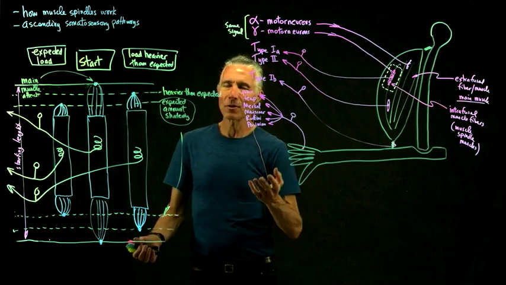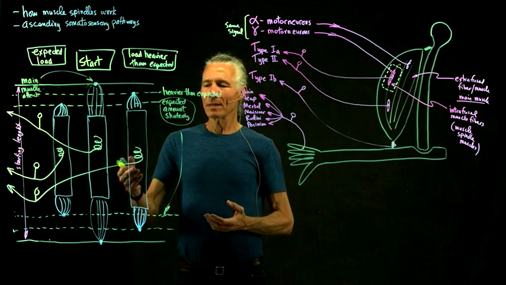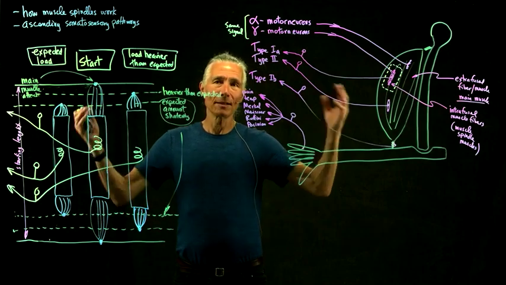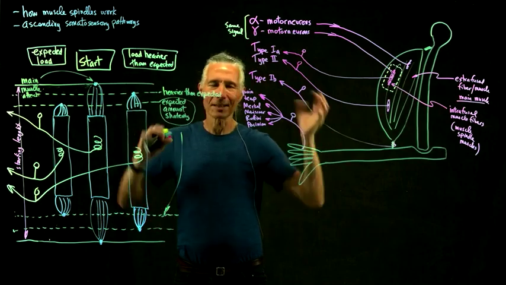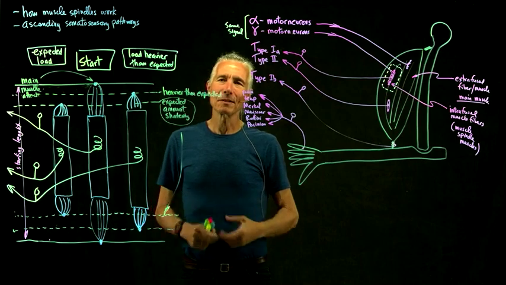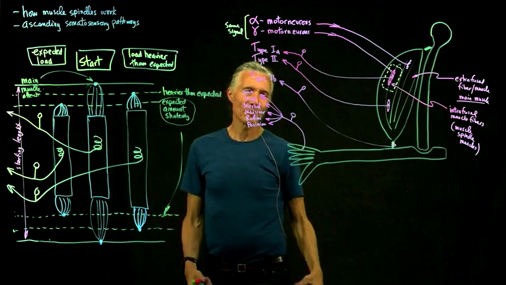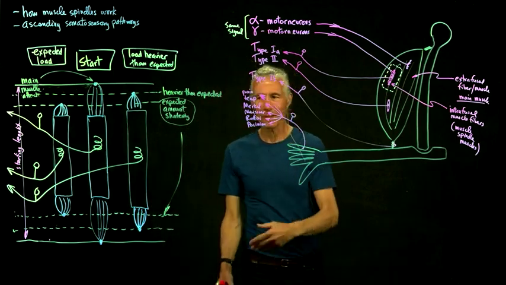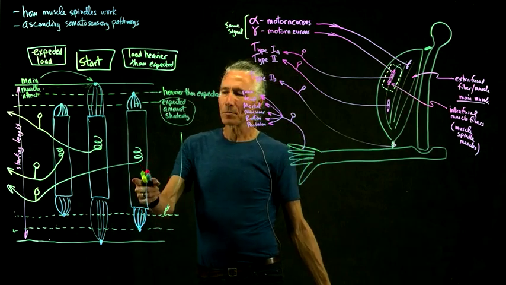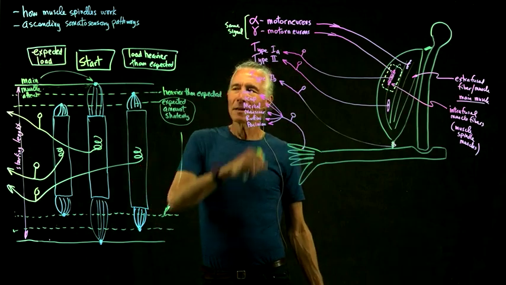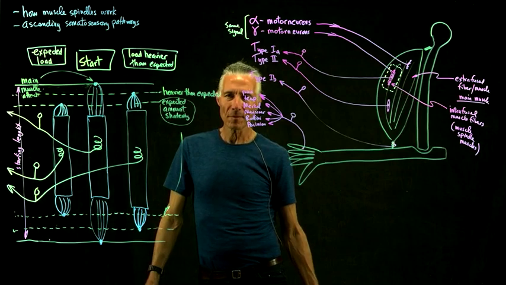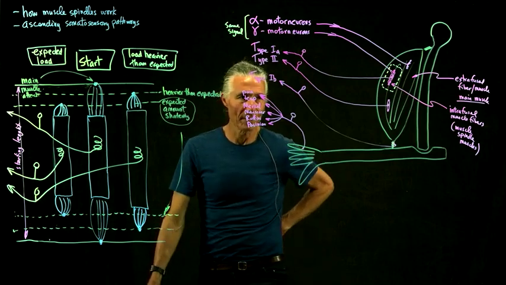But there are other things you're going to do with information from these muscle spindles. You also just want to know where my arms are, they're flailing around, where is every part of my body? That's a completely separate thing that you get from the muscle spindles. But particularly the 1A type muscle spindles are really important for this sort of predictive signal.